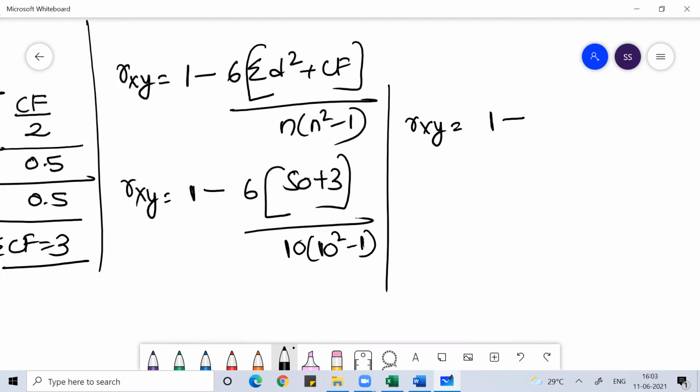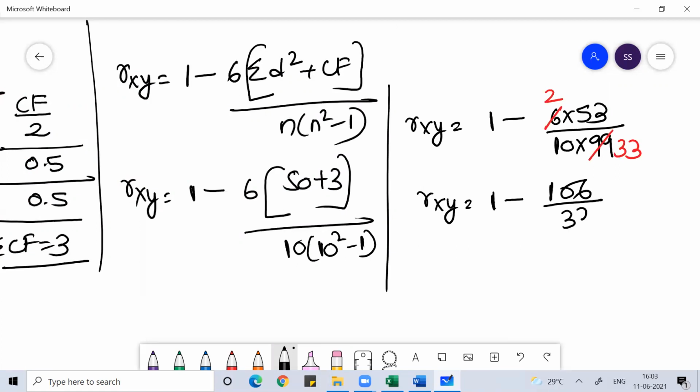So 1 minus 6 into 53 divided by 10 into 99, which is 1 minus 318 divided by 990. Simplifying, 330 minus 106 is 224 over 330.